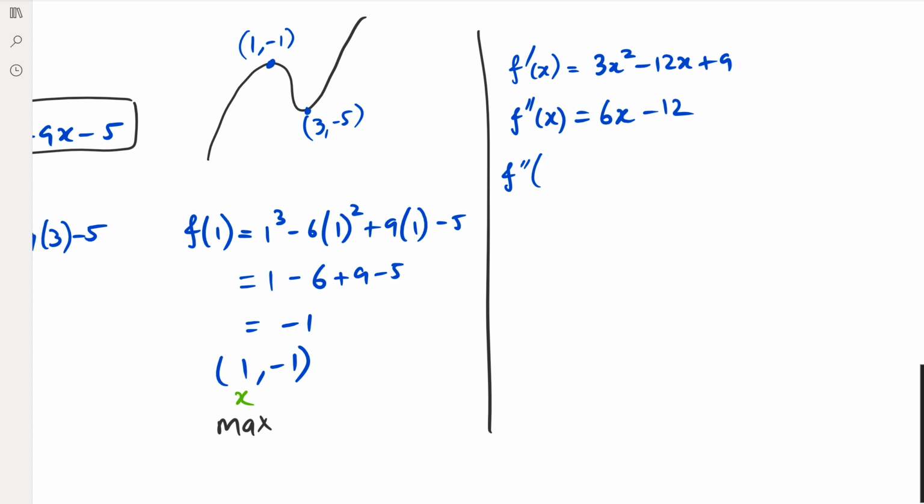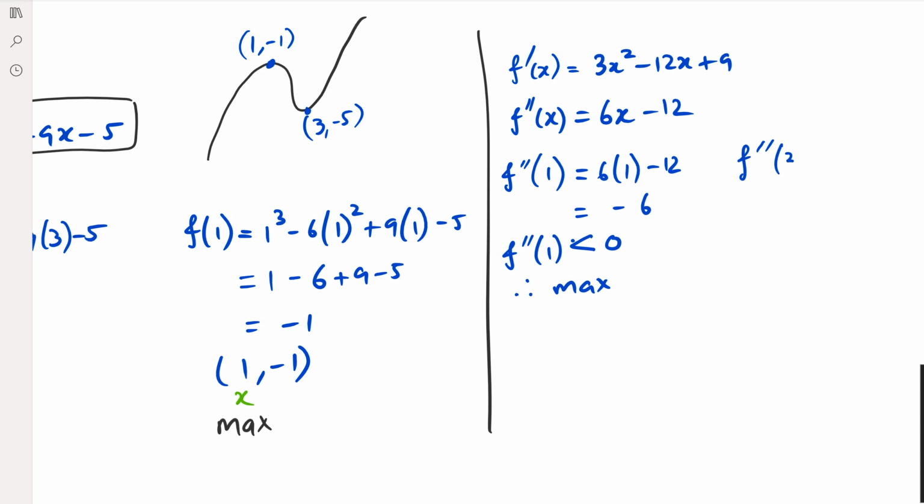Then f double dash of 1 is 6 times 1 minus 12, which equals negative 6. Because f double dash of 1 is less than 0, it is a maximum. And f double dash of 3 equals 6 times 3 minus 12, which is 18 minus 12, which equals 6. f double dash of 3 is greater than 0, therefore it is a minimum.